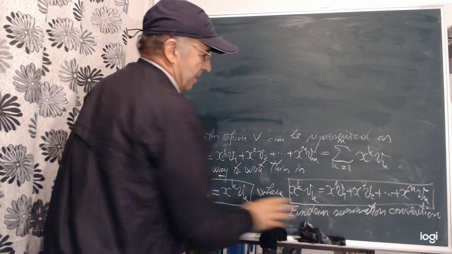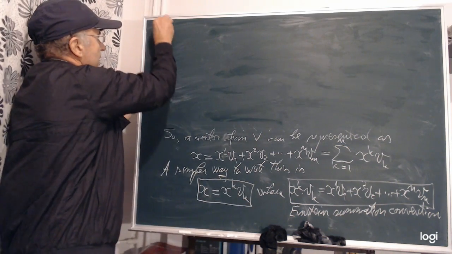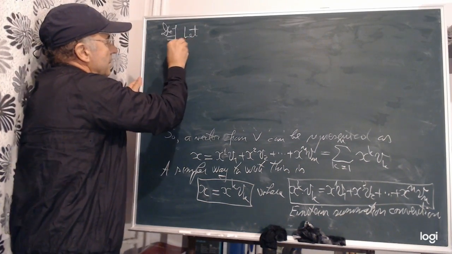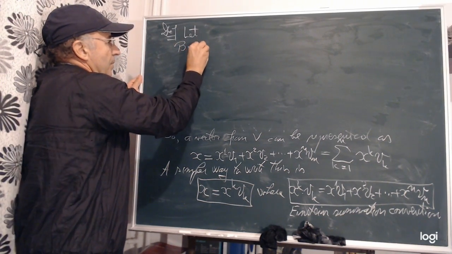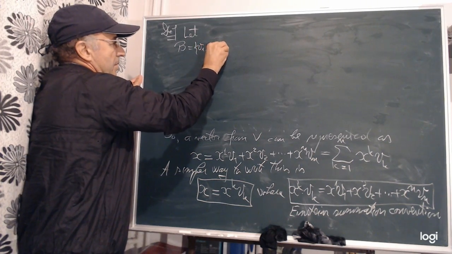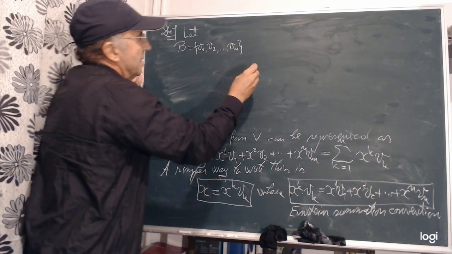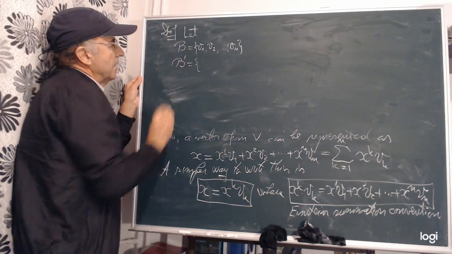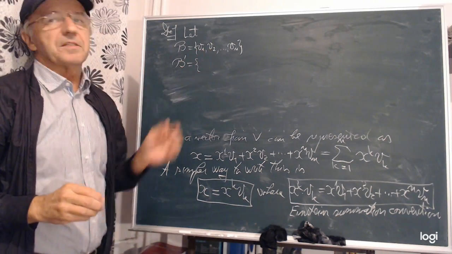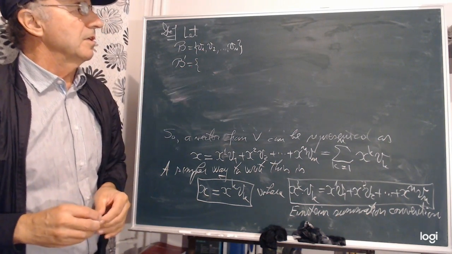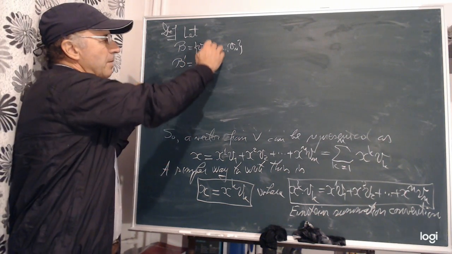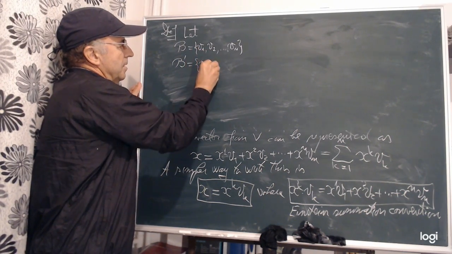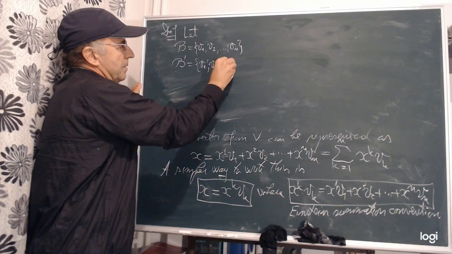And the following definition. Let B be v1, v2 up to vn, and B prime equals, we know that in the case of a finite dimensional vector space any two bases have the same number of vectors, v1 prime, v2 prime, up to vn prime.